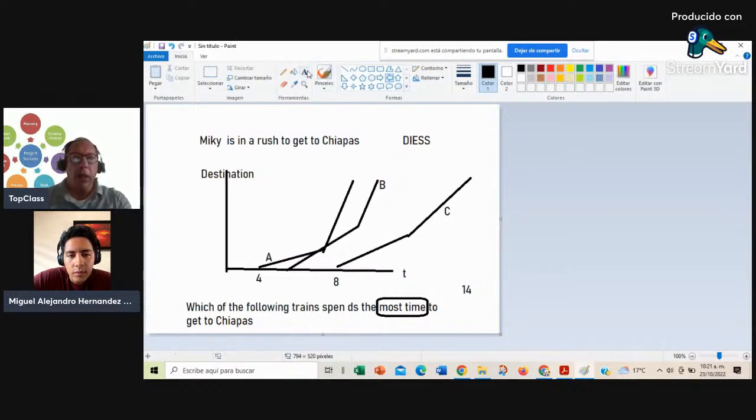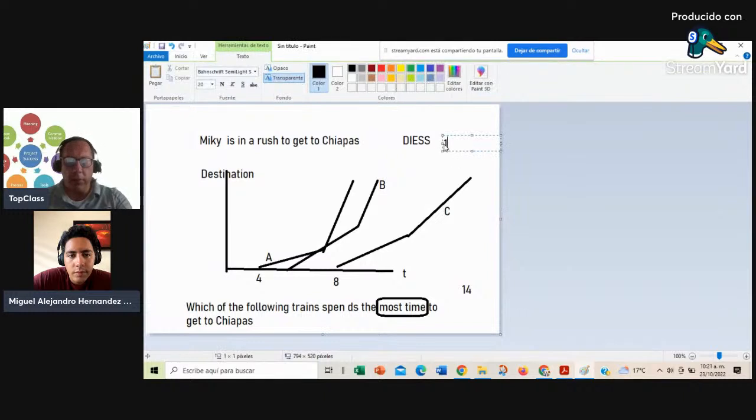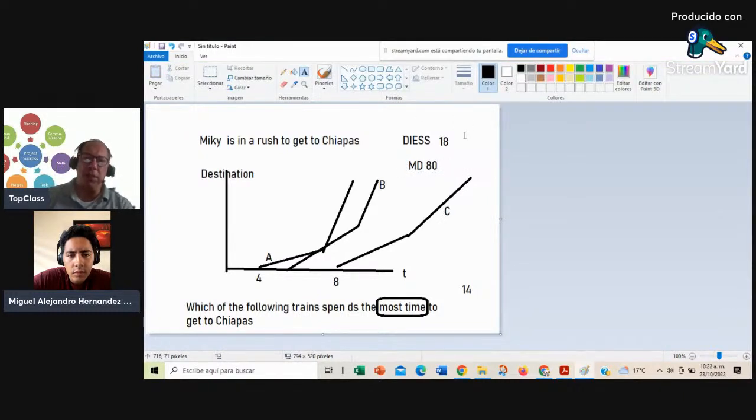Then there were like 80 people for a master's degree in business and architecture. There were a significant number of people, Mickey.